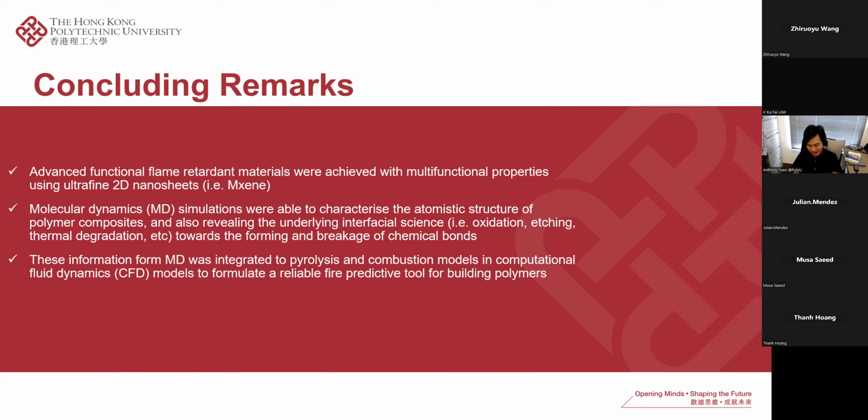And what we find is that if we cannot identify the in-depth flame retardant mechanism, we can use molecular dynamics simulation to aid our understanding from the atomistic point of view, and we can identify the interfacial science such as oxidation and the thermal degradation effects. We can really look into the molecular breakdown of the bonds and the decomposition kinetics of the chemical compounds. And this information, more importantly, can be fed into our CFD models for better prediction of toxicity and soot formation.